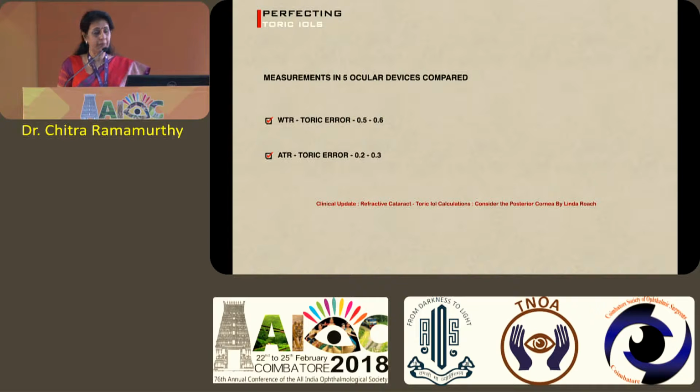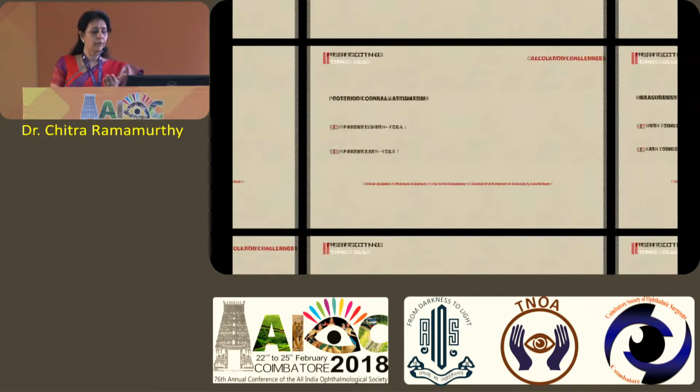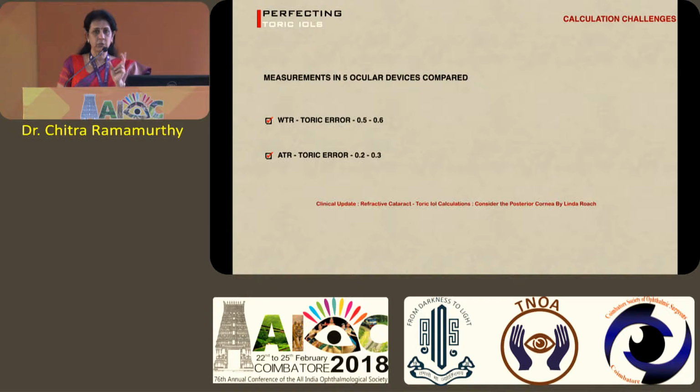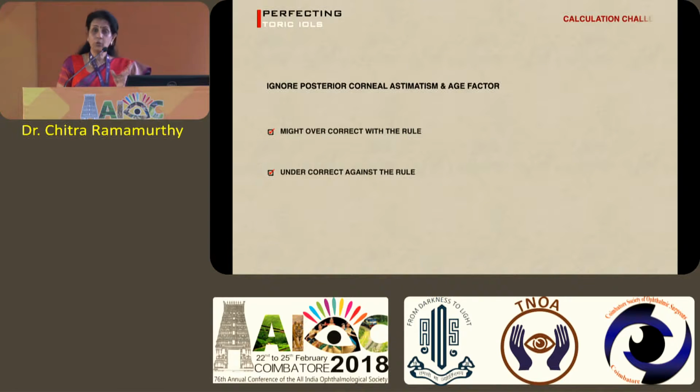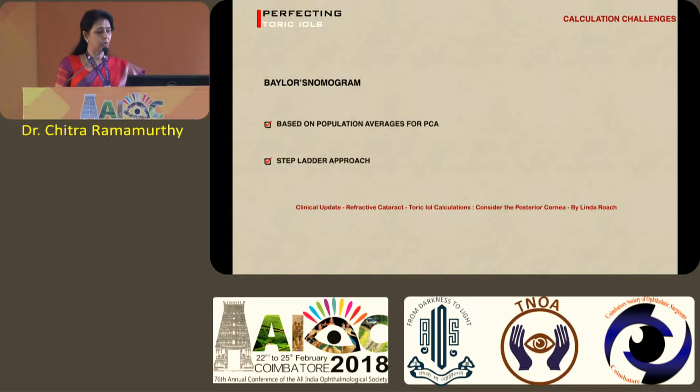If your anterior cornea is with the rule and the posterior cornea is against the rule, then the total corneal power is going to become less. If both the anterior and posterior cornea are against the rule, your total corneal power becomes more. Therein the errors start trickling in. So you would end up overcorrecting with-the-rule astigmatism, or you might end up undercorrecting against-the-rule astigmatism.